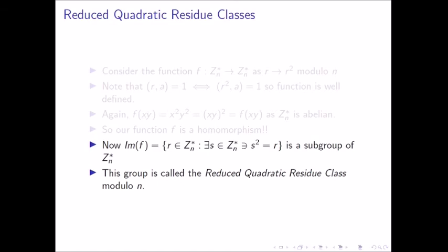This is a subgroup, as the image is a subgroup, as we have seen just a few moments back. This image of f is called the reduced residue class of quadratic nature, or the reduced quadratic residue class modulo n. Quadratic, why? Because it's the set of squares modulo n which are also units.